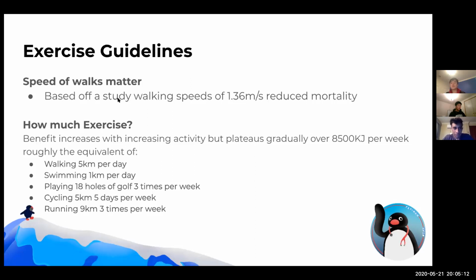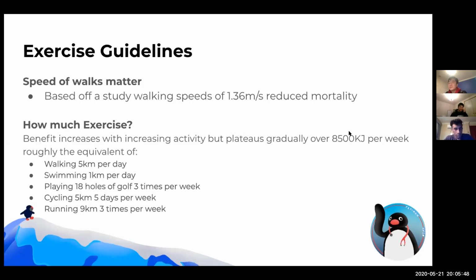Another thing to take note of is that he has put in his slide something about the Grim Reaper speed of walk. Studies have shown that individuals who walk slower than 1.36 miles per second have increased mortality, so you should walk at a faster speed than that. Again, the benefit of exercise increases with increasing activity, but it plateaus over a certain period.